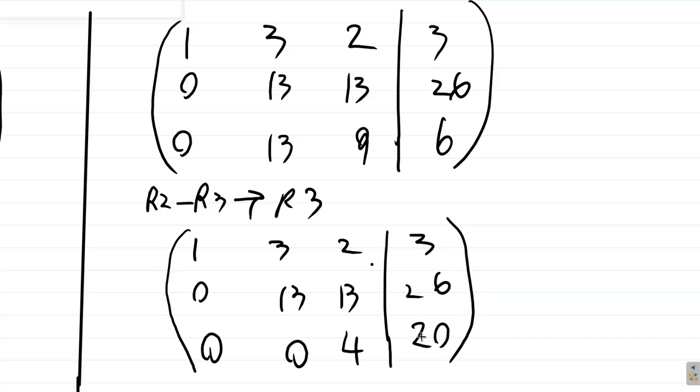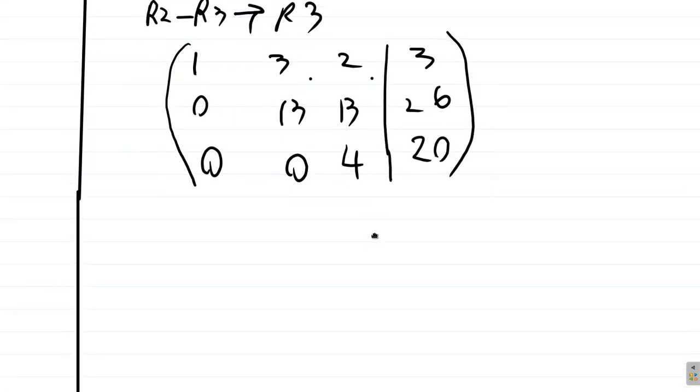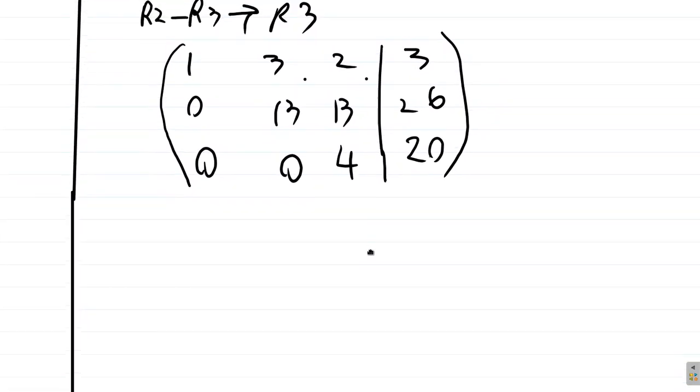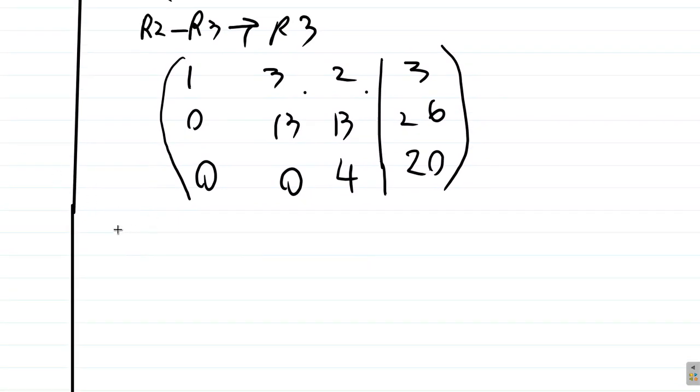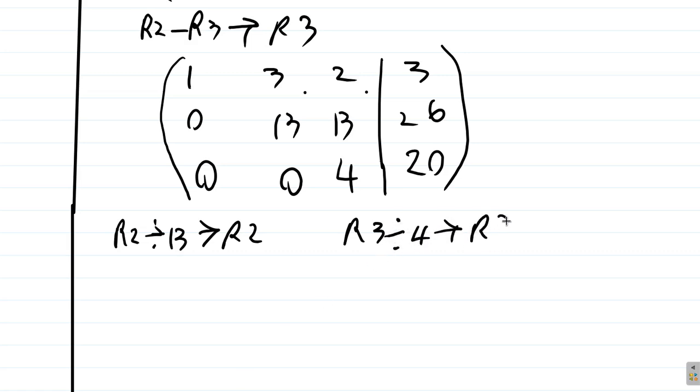Now we have it in this form, some triangular form like this. Now that we have it in this form, let's see if we can get smaller numbers to make life easier. Row 1 is already in the smallest numbers. So row 2 divided by 13 will lead to our new row 2, and row 3 divided by 4 will lead to a new row 3.